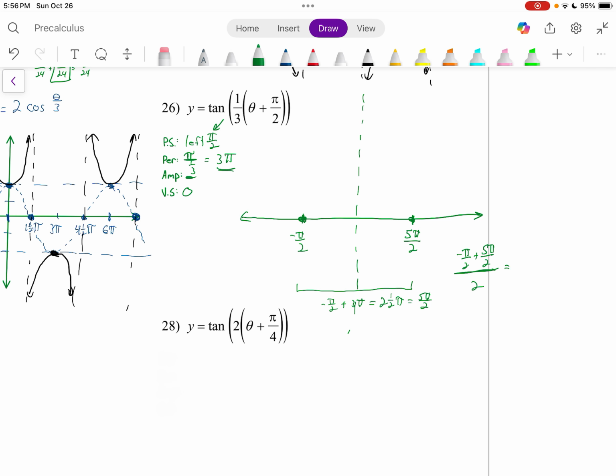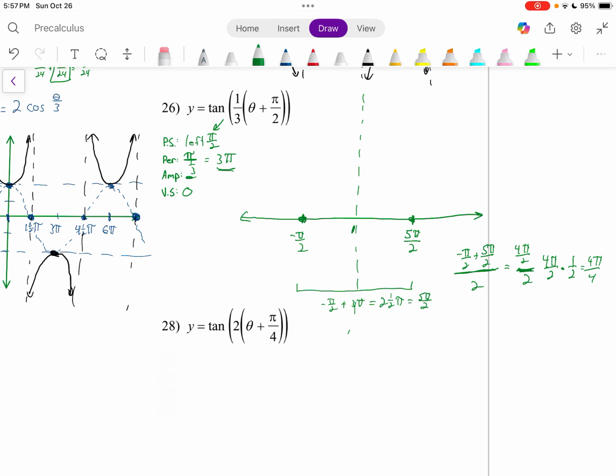Or you can think through it and figure this out, probably a little bit easier, but we're going to do it this way for now. So this is 4 pi over 2, over 2. We know dividing is the same as multiplying by the reciprocal. So we have 4 pi over 2 times 1/2, which is 4 pi over 4, which is just pi.